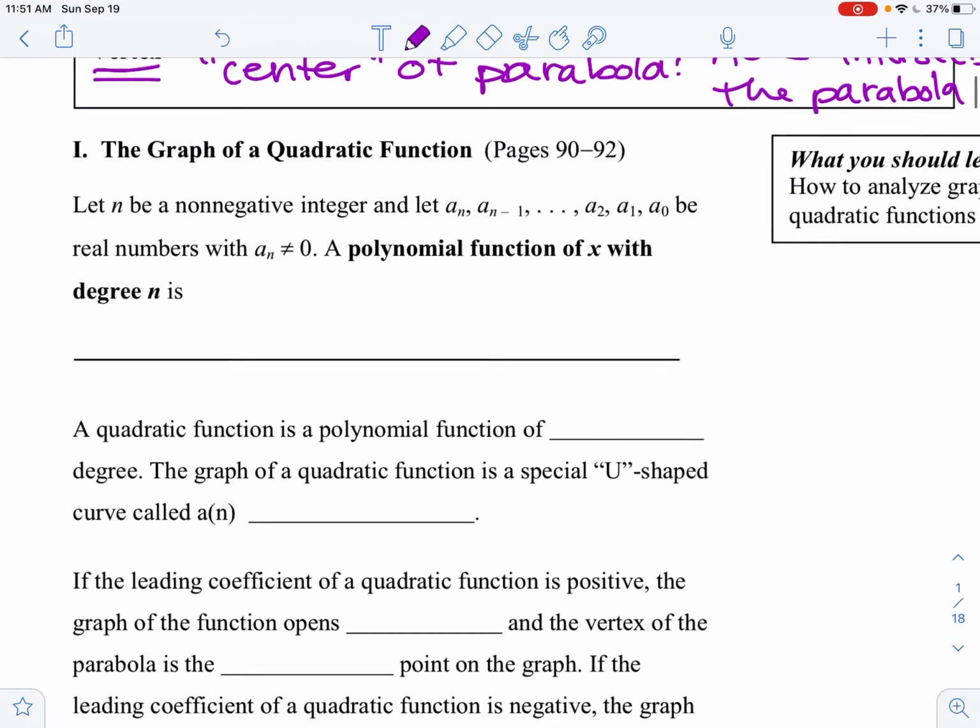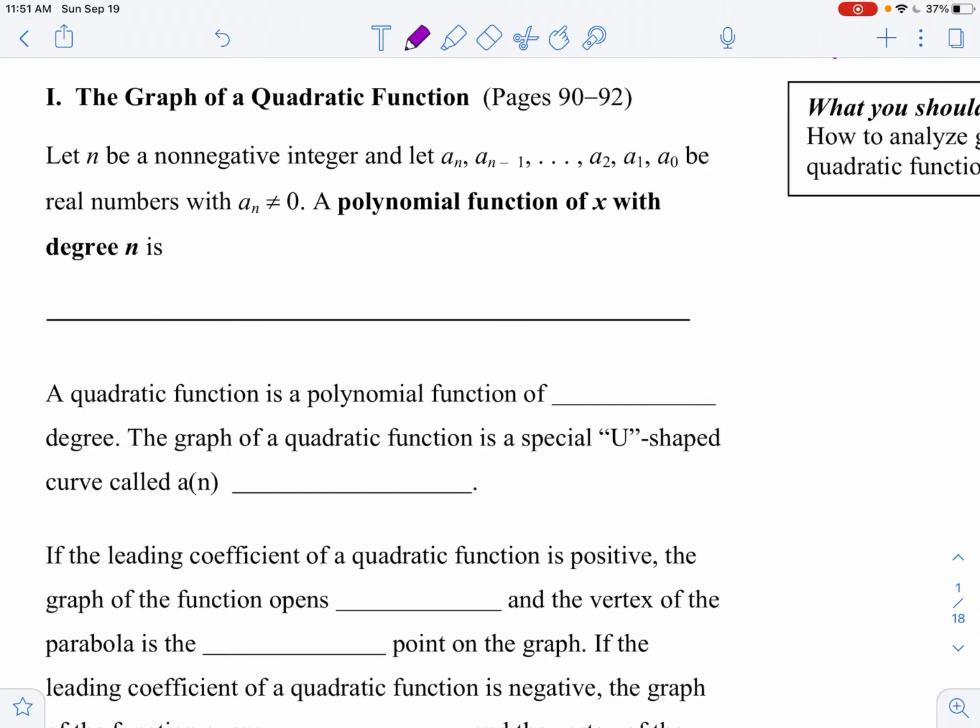All right, let's talk about how to graph a quadratic function. So remember that n is a non-negative, aka positive integer, and we know that these coefficients are real numbers, meaning they exist.